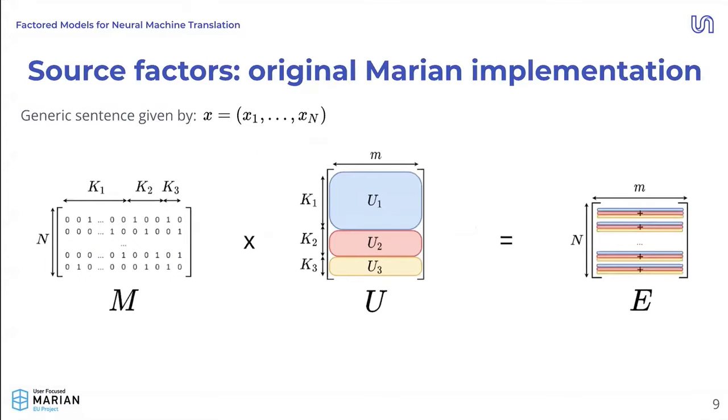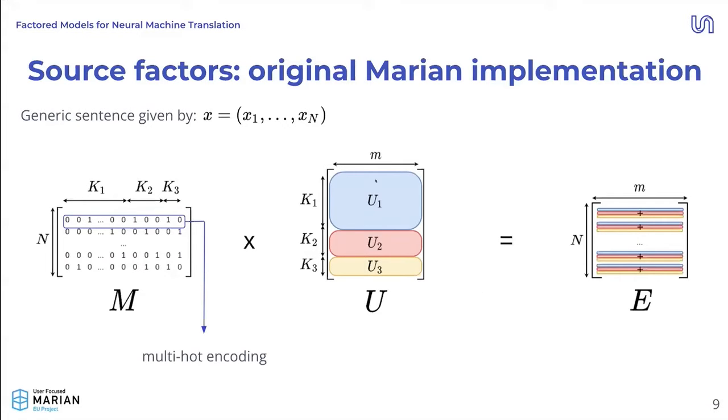So how did factor embeddings work in Marian before we started working on them? As I said, it was only possible with sum. Remember that I mentioned the one-hot encoding vector. When you are using factors, you can actually have a multi-hot encoding, where instead of having the number one appearing only once, you have a one for the word and a one for each of the factors.